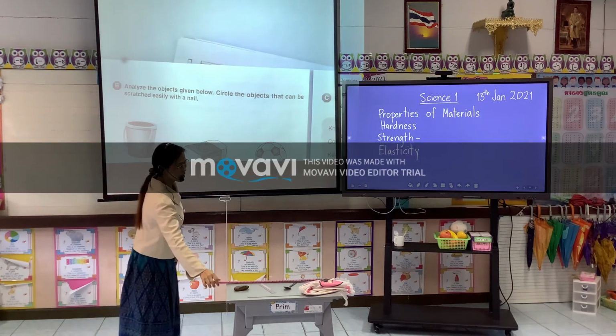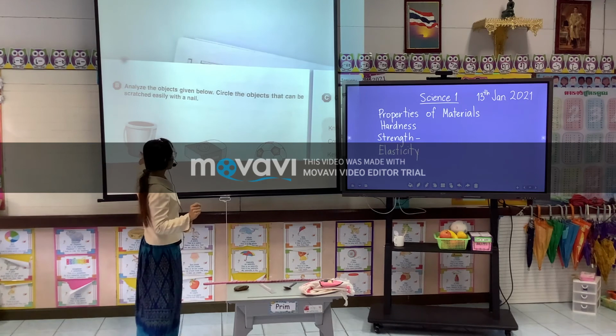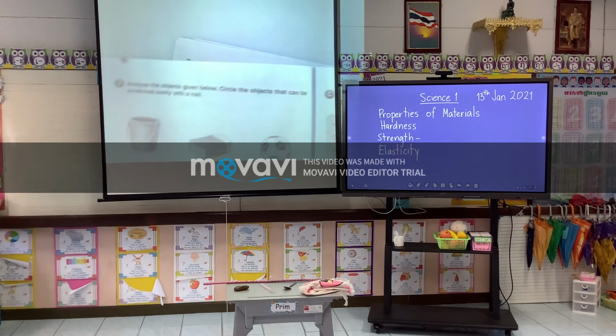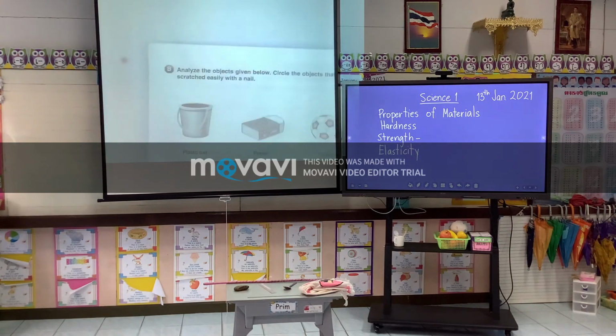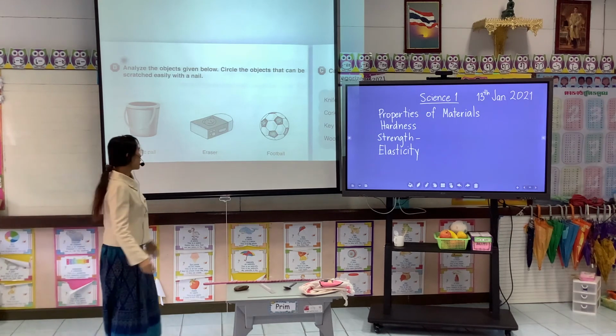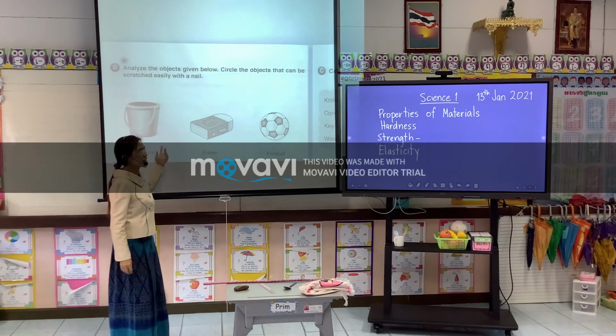We will scratch these materials with a nail. Circle only the objects that can be scratched with a nail. So that is your exercise for today's lesson.